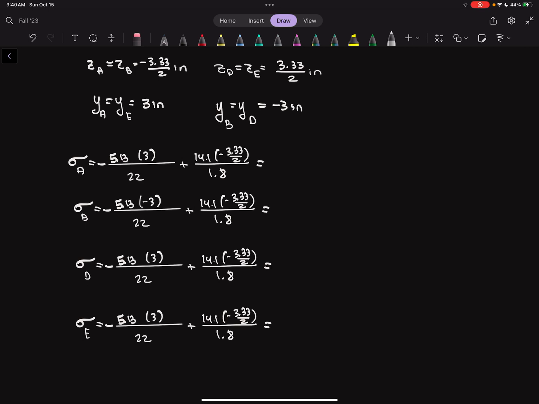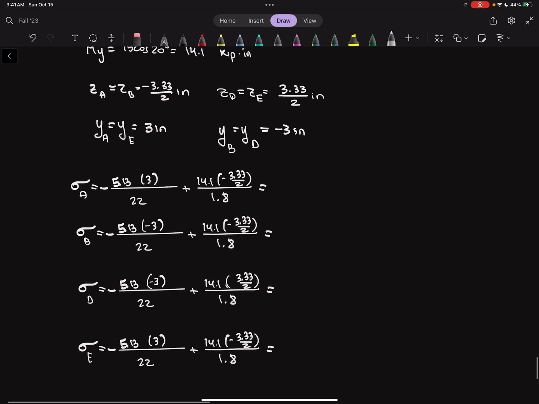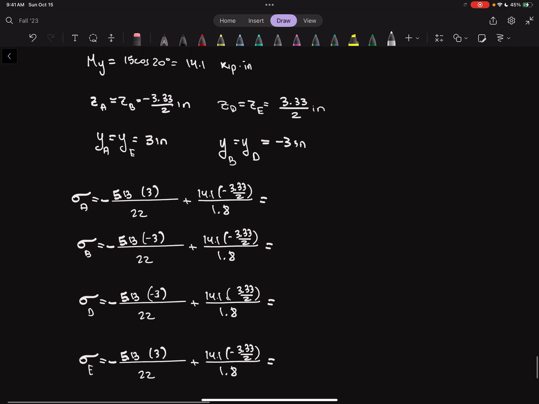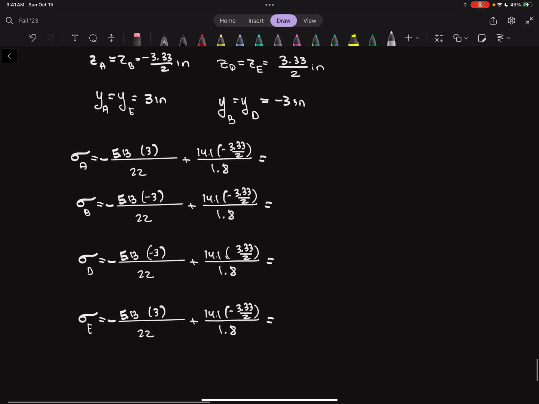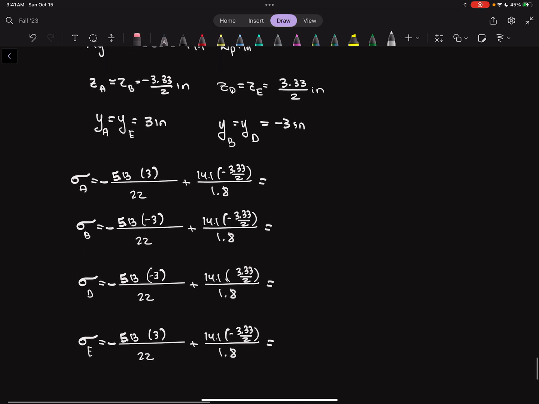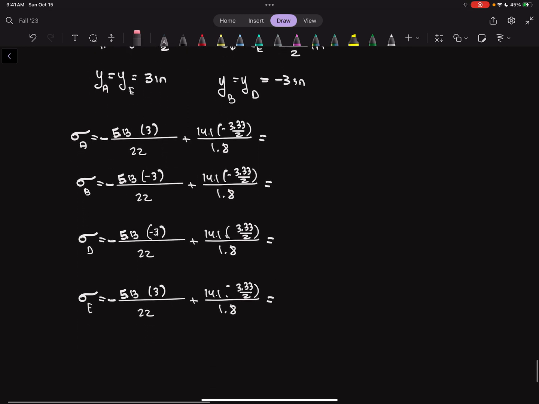Now for D, the YD is negative 3, and the ZD is positive here. And then for E, the YE is 3, and the ZE is positive here.